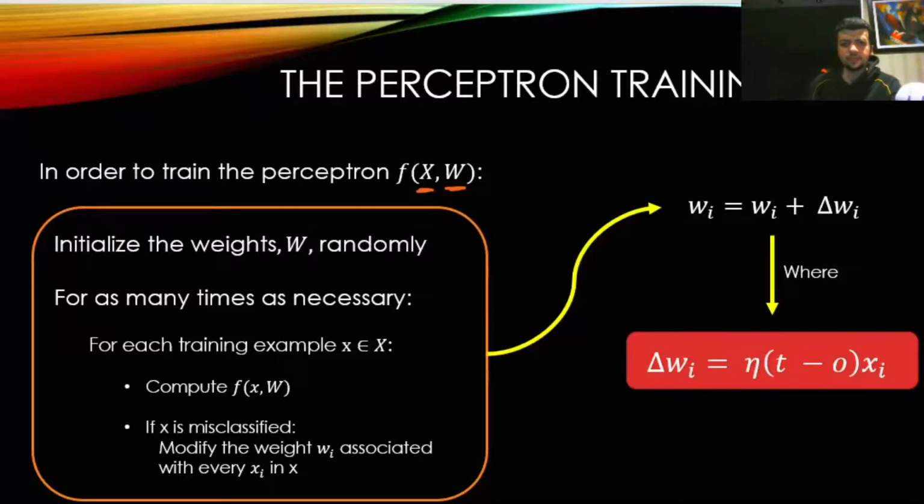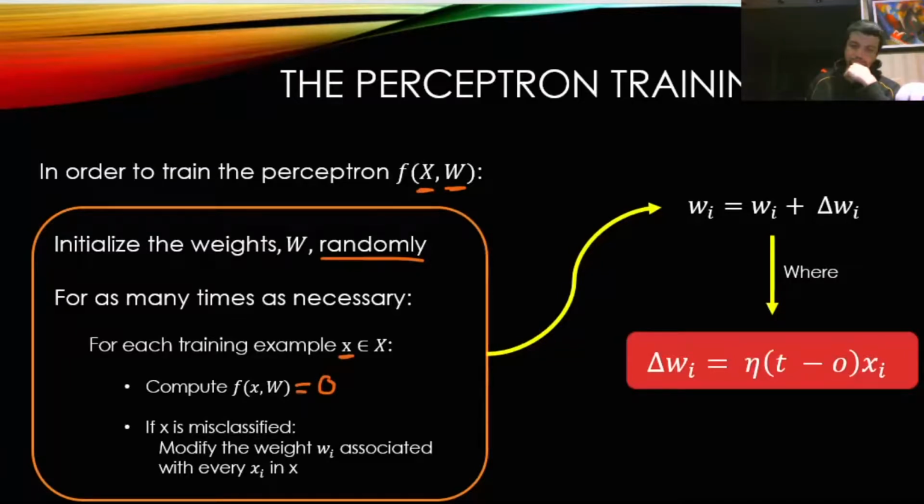So you first initialize the weights of your perceptron randomly. And then, for as many times as necessary, you will do the following. For each training example in your data set, let's show that with small x, you compute the output of your neural network, which is the same as O that we showed in our figure.